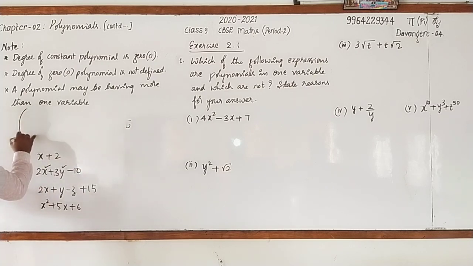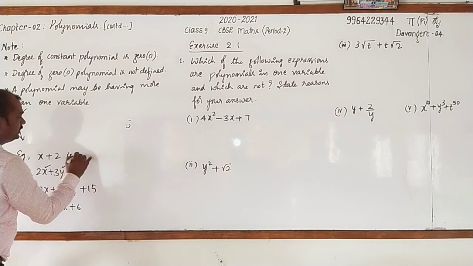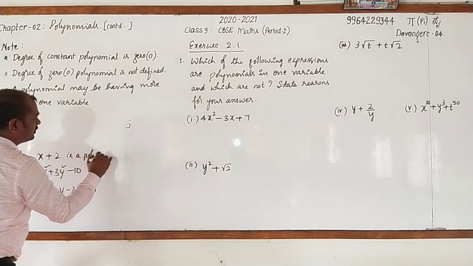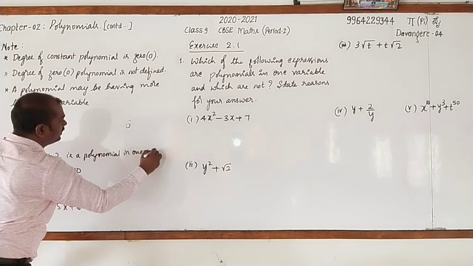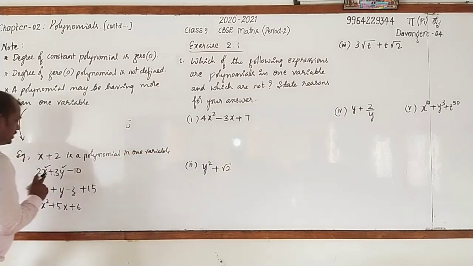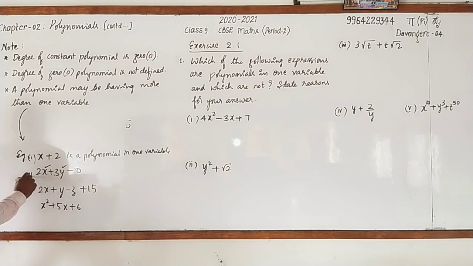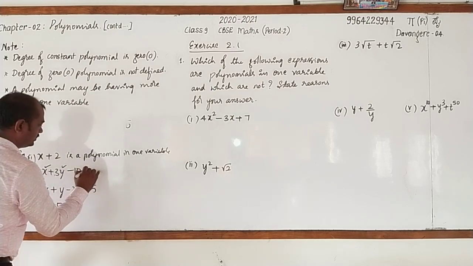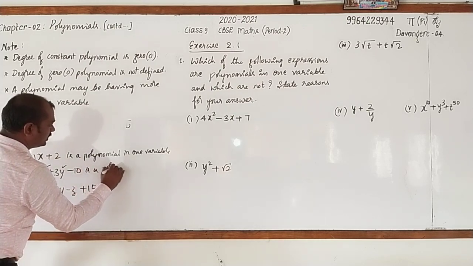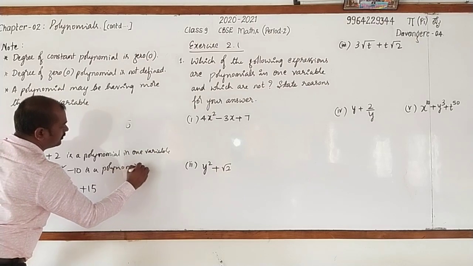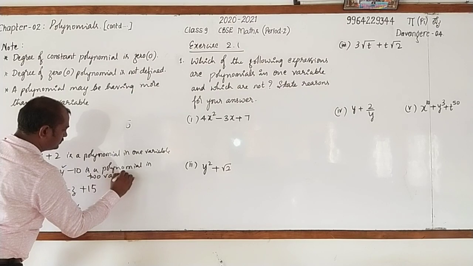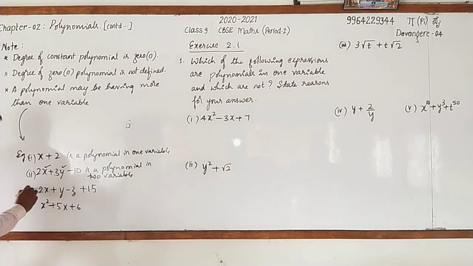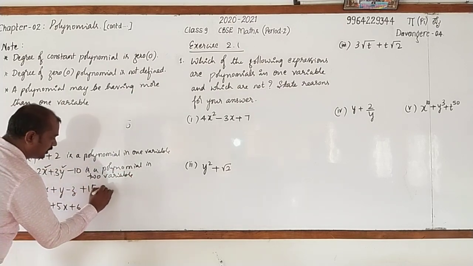Here I am going to take the examples for the third point. x plus 2 is a polynomial in one variable. And the second one is a polynomial in two variables. The third one is a polynomial.